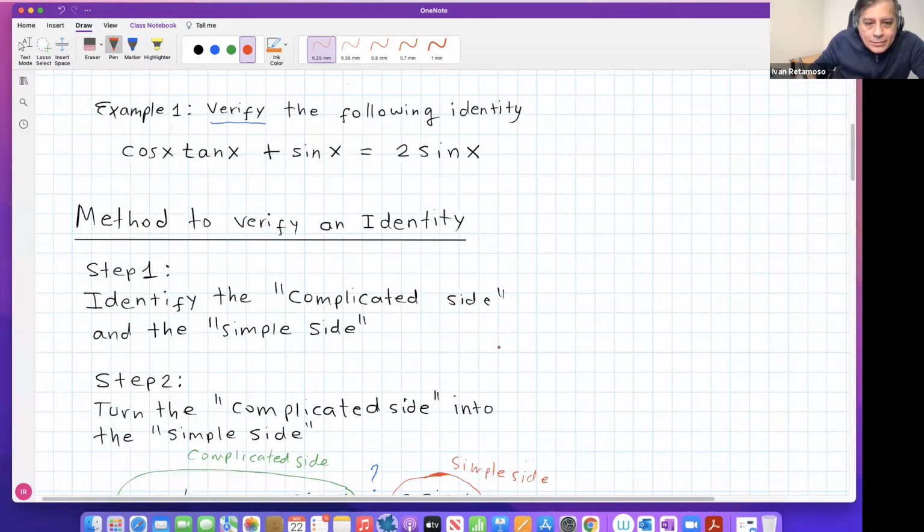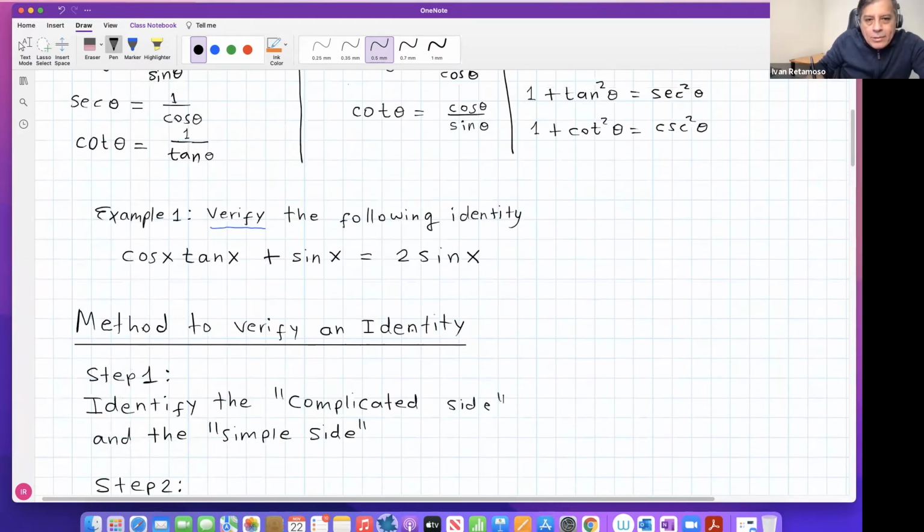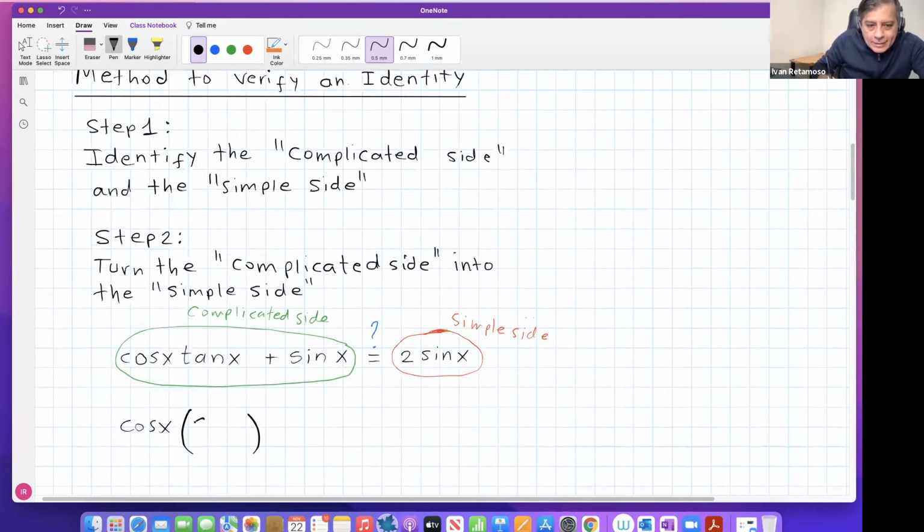So first here, cosine of x, I can write it as cosine of x, but next, tangent, I can write equivalently using this quotient identity, sine over cosine equals tangent. I can say this guy is going to be sine of x over cosine of x.